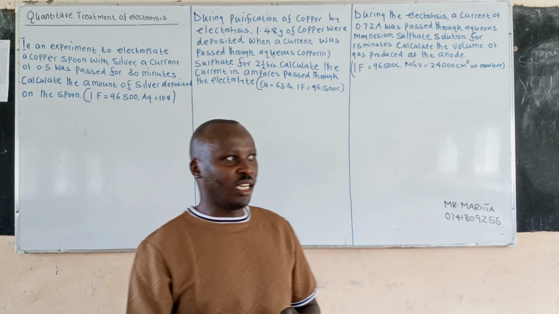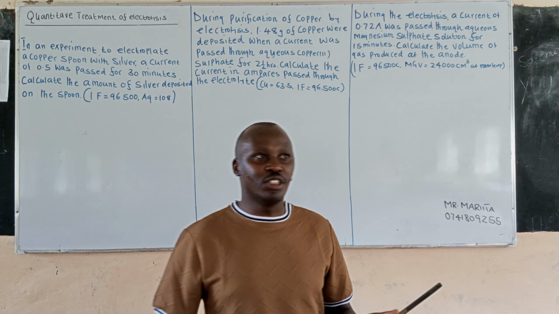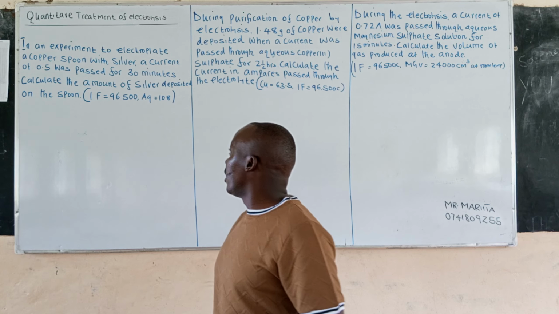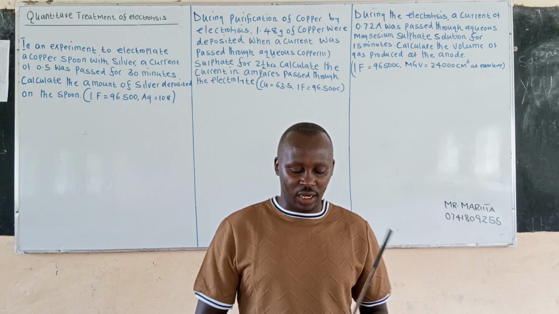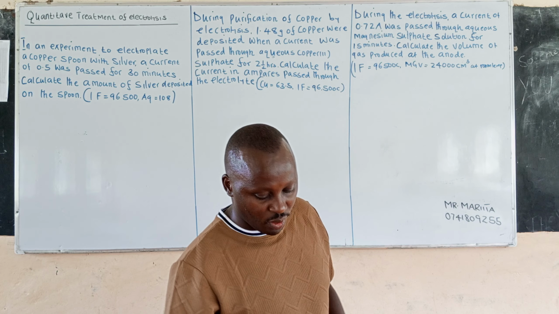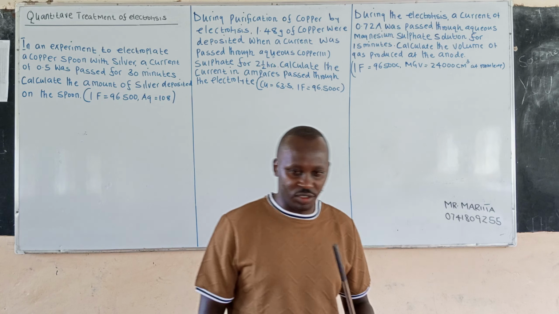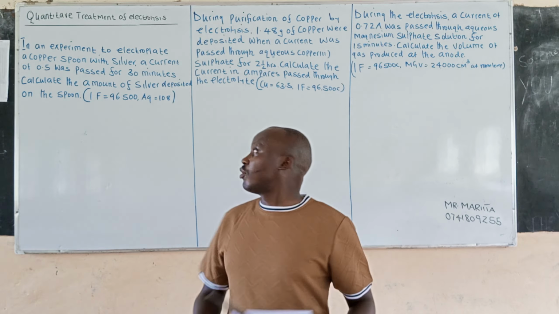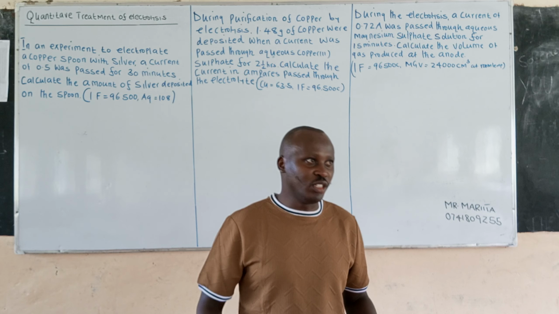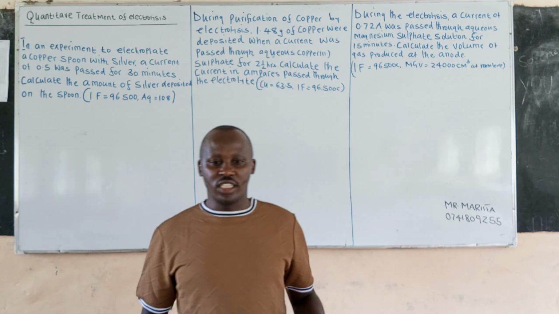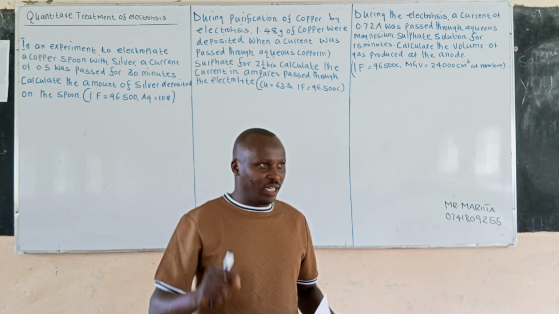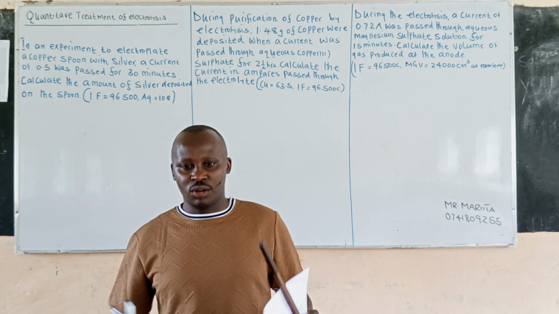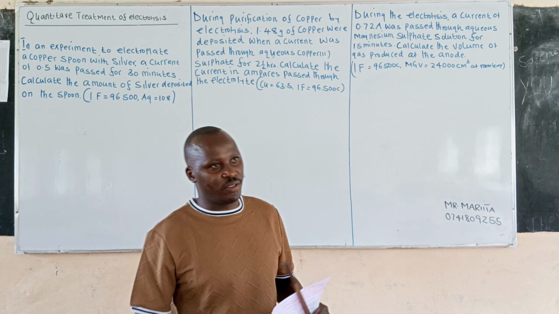Today we are looking at Electrochemistry Part 2, and that is the quantitative treatment of electrolysis. In this quantitative treatment of electrolysis, we are using Faraday's first law of electrolysis.